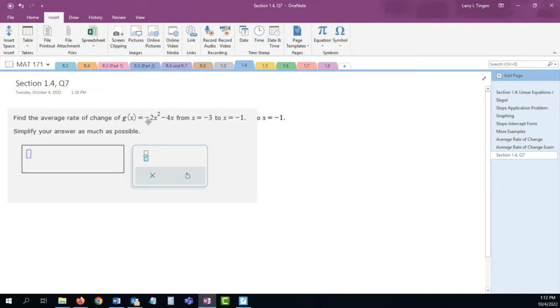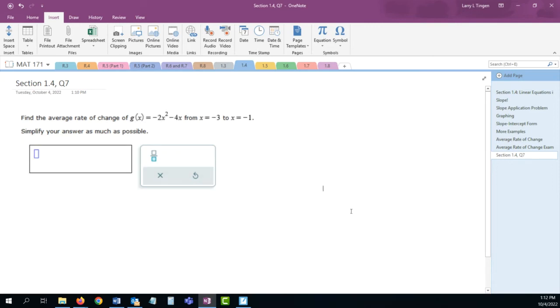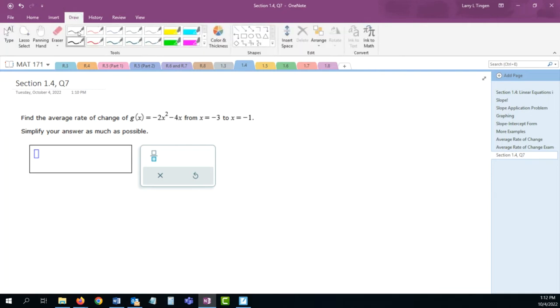On the average rate of change, this looks a lot like that last question from the notes. Find the rate of change of g of x is equal to negative 2x squared minus 4x from x equals negative 3 to x equals negative 1. Simplify your answer as much as possible. So this is an average rate of change, which means slope.